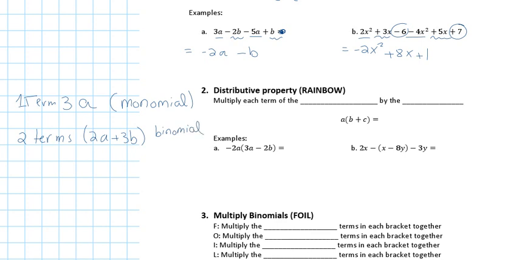If I have three terms, so for example, 2x squared plus x plus 2, right? So you see I have 1, 2, 3 terms. I can't add them. We call that a trinomial.